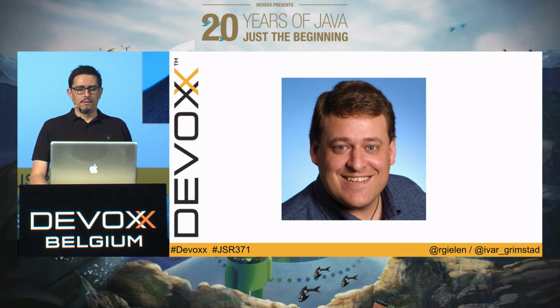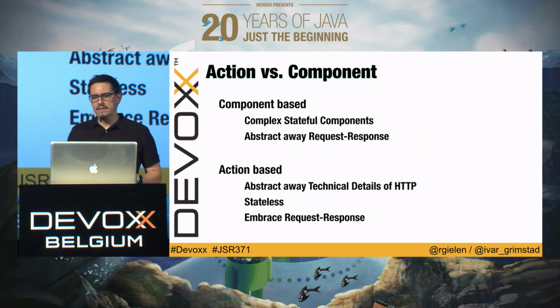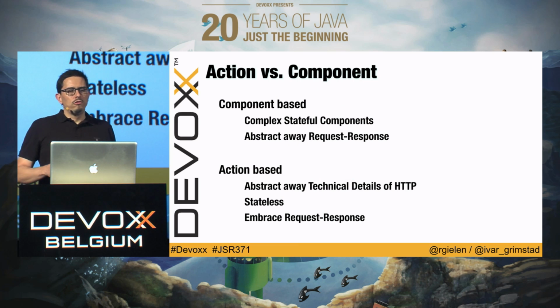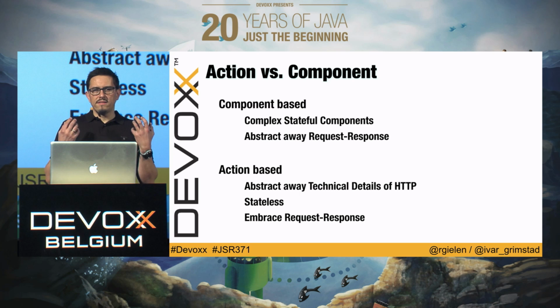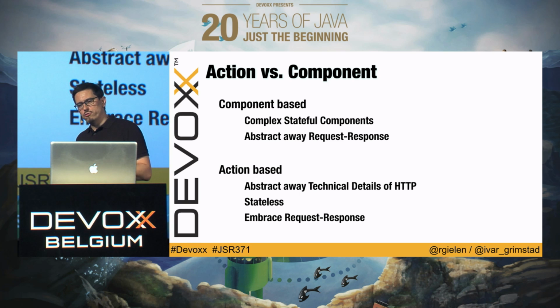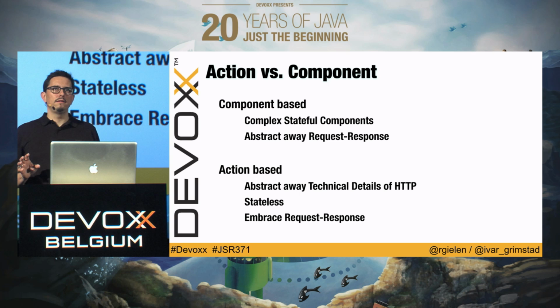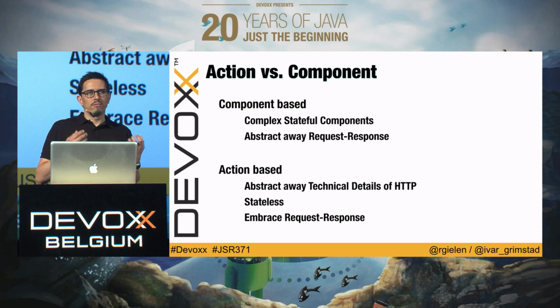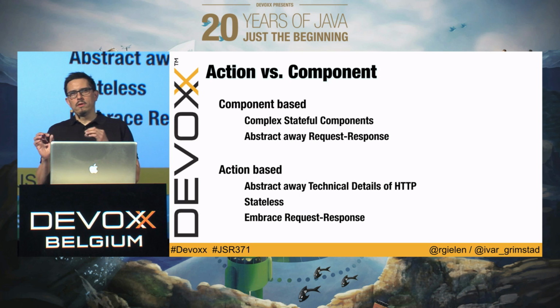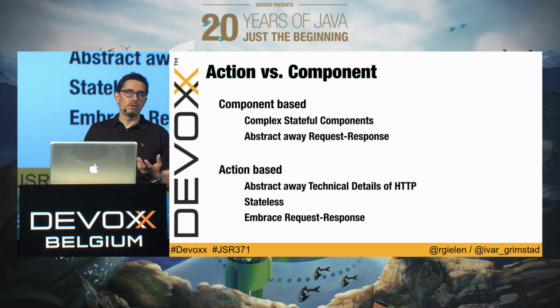I'm not dead yet. So actually, it boils down to component-based frameworks try to help you with complex stateful components and abstract away the request-response model, while action-based frameworks try to hide away some of the technical details, help you to go quite easily into the business domain, and on the other hand, keep things stateless and really embrace the request-response model.